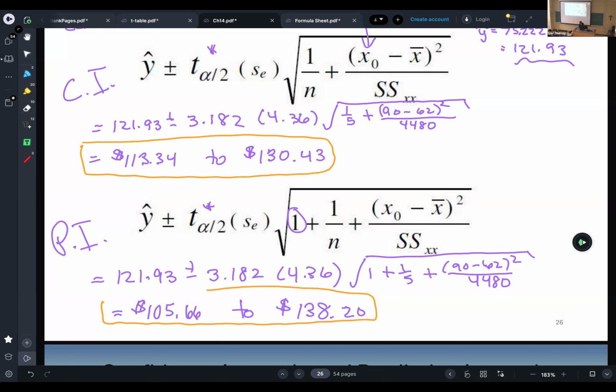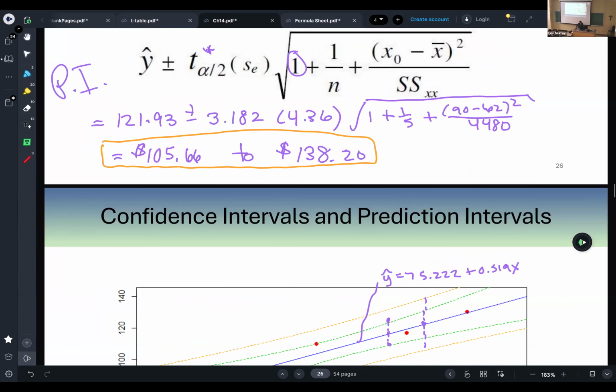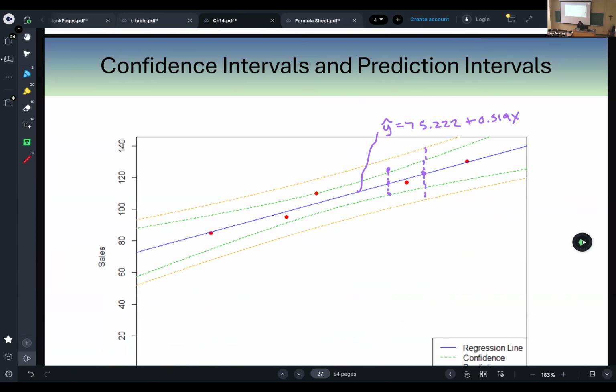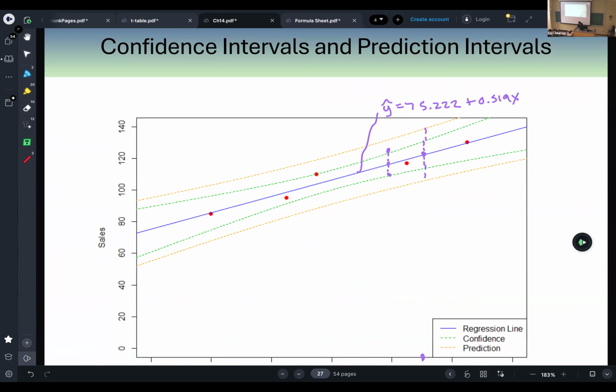And this is the prediction interval for the response, for the predicted Y, using a new X equals 90 for an individual. And that's what we just calculated right here. We calculated this value and this value, and then we did the second interval. It was even wider.